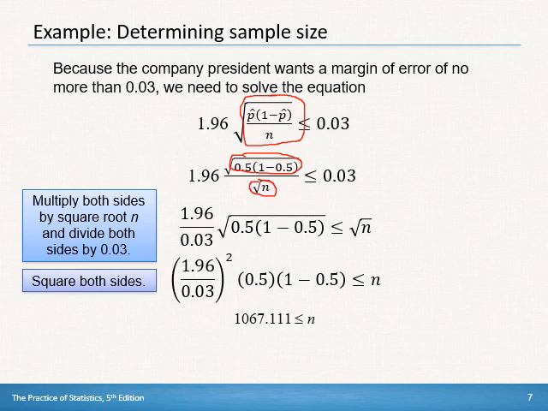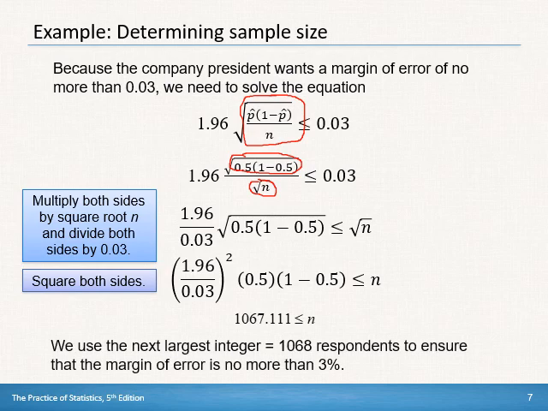So you might be tempted to just say, oh, we'll use 1067. However, 1067 would be a little bit smaller n, and a smaller n would make the standard deviation of the sampling distribution a little bit wider, and as a result, our margin of error might be slightly more than 3%.